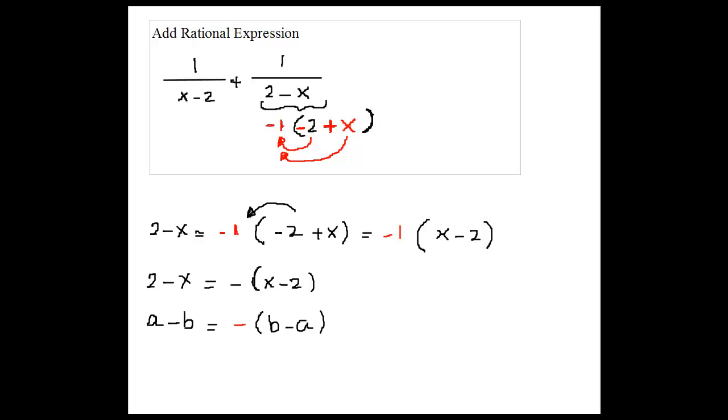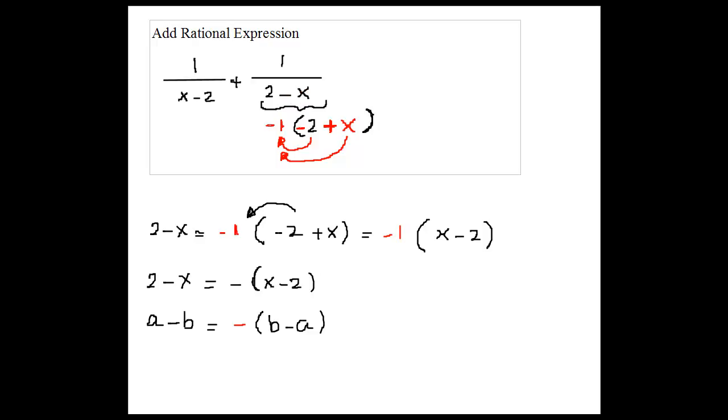Because if I distribute this, negative 1 times b is negative b, and negative 1 times negative a is plus a. That's exactly what we have here. We have x minus 2, and this is 2 minus x.